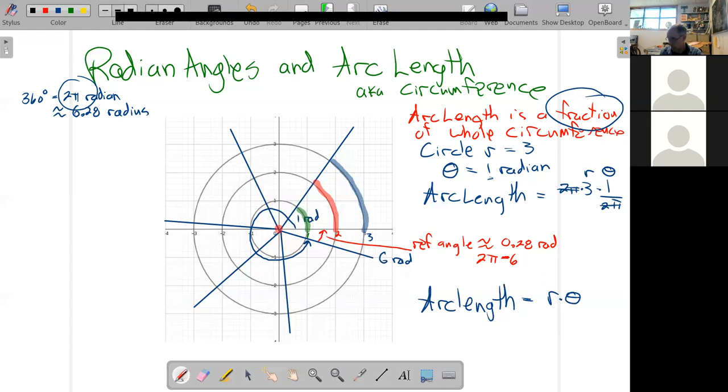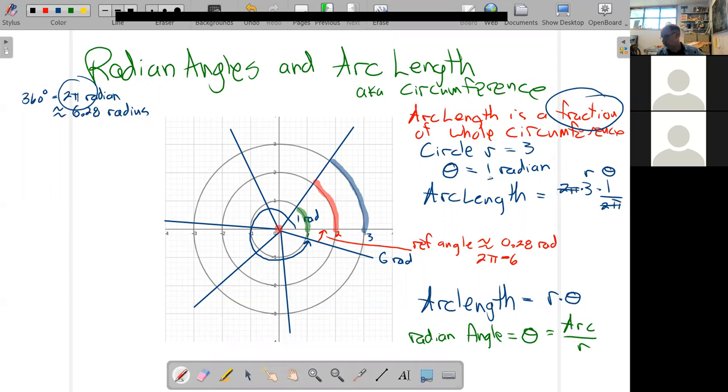Another way to think about it is if we flip that around, another idea of what a radian means: a radian angle, which I'm going to call theta for some generic angle. Could be this one, could be that one, could be something else. If I divide the r to the other side, it's always the arc length divided by the radius.